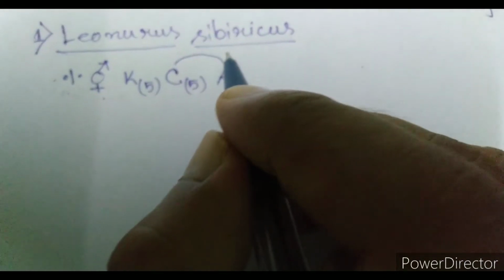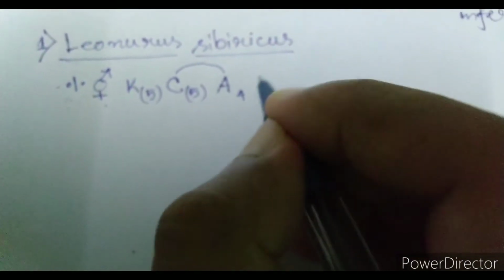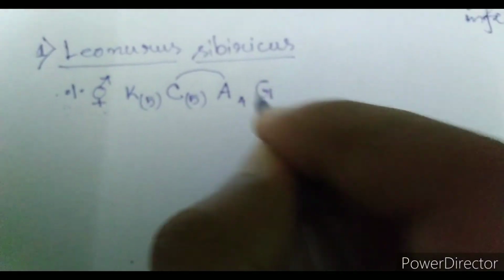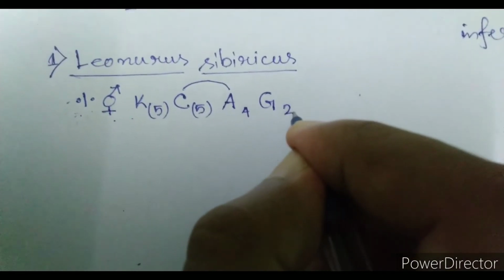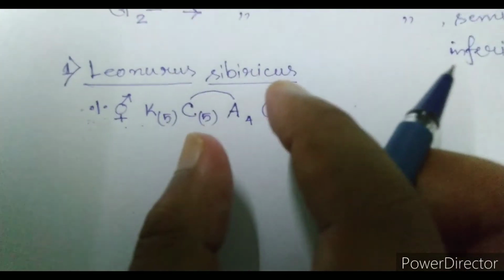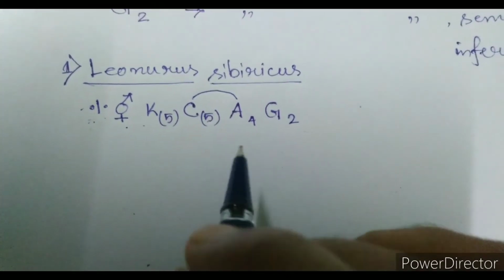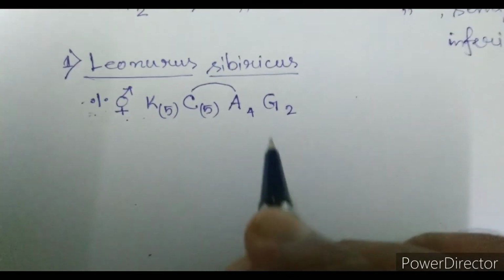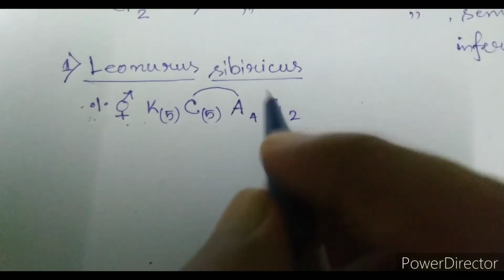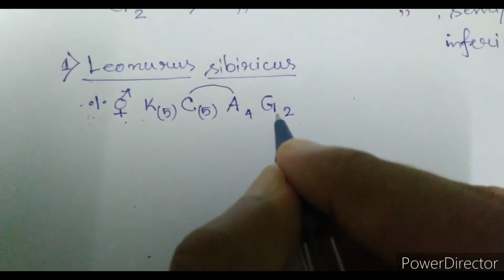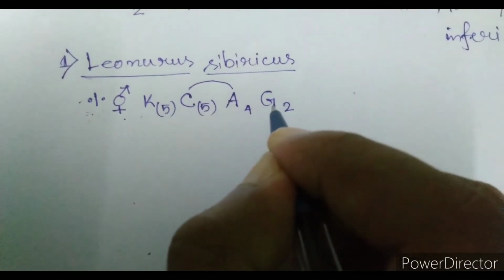So now this is the androecium, and the next part is gynoecium. Gynoecium is indicated by G, and here 2 carpels are present, means 2 chambers are present in the gynoecium. But here the gynoecium looks superior.